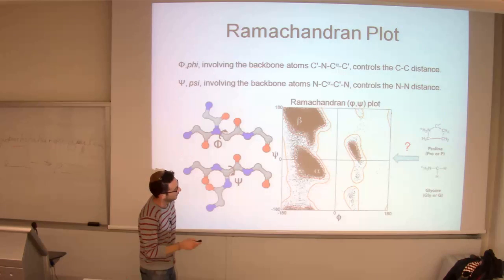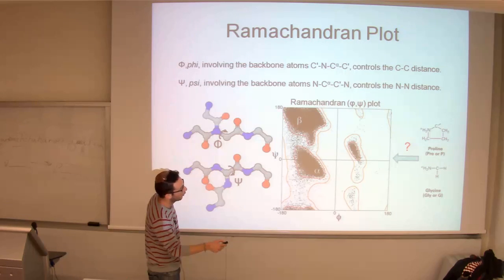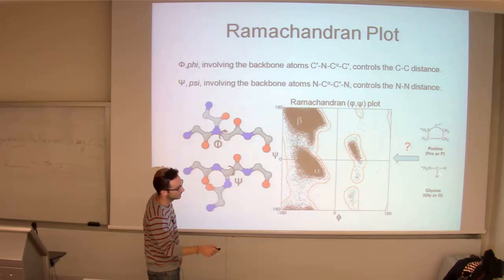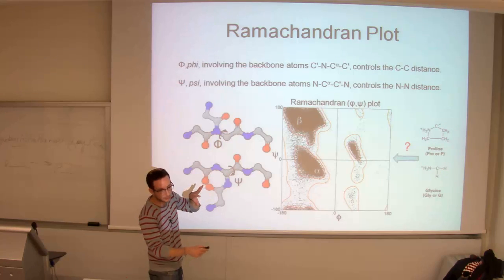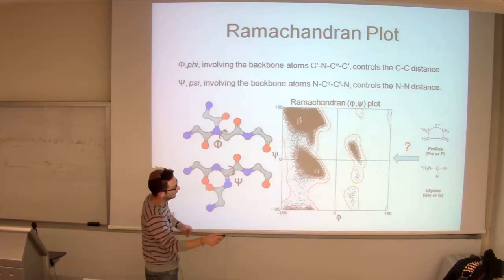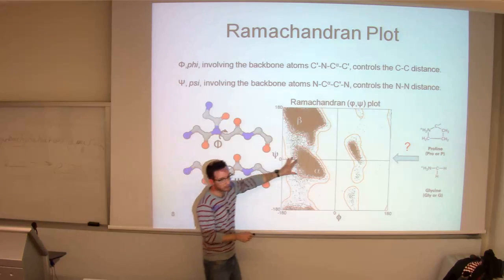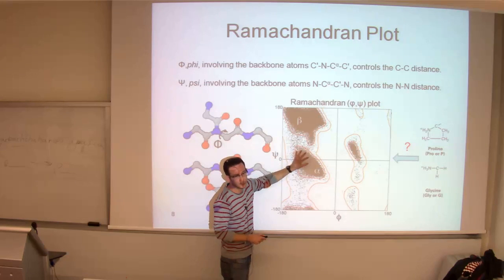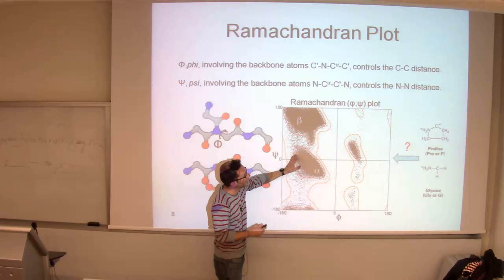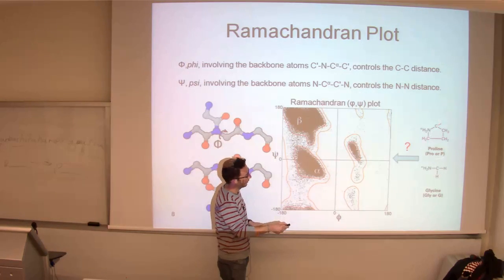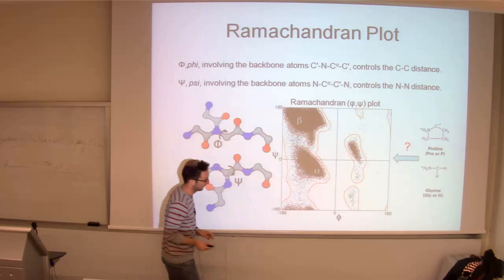And another thing, let's ask how would these two unique amino acids look if I now mark in red only the angles that are around either the proline or the glycine.